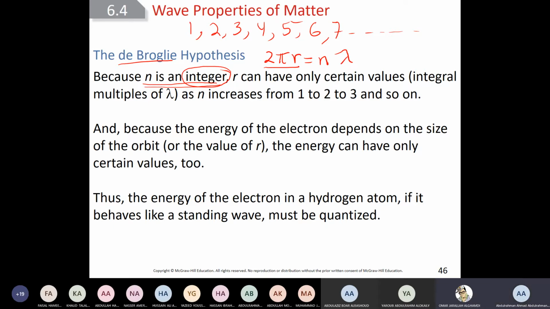Circumference. Circumference of the circle. All right. And what's lambda? Wavelength. And what's n? An integer starting from 1, 2, 3, 4, 5, 6, 7, whatever integer you want.